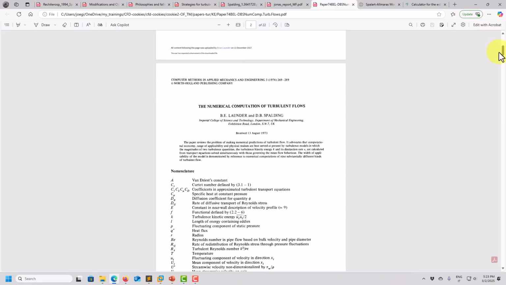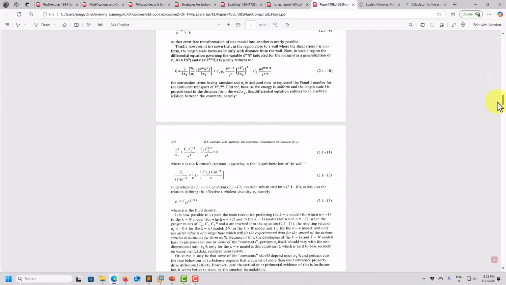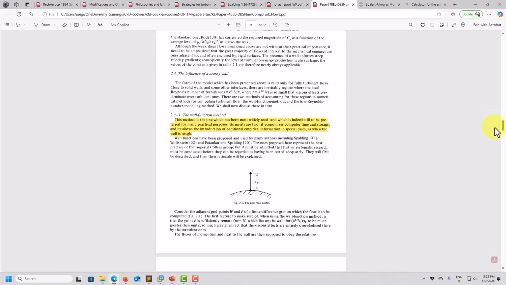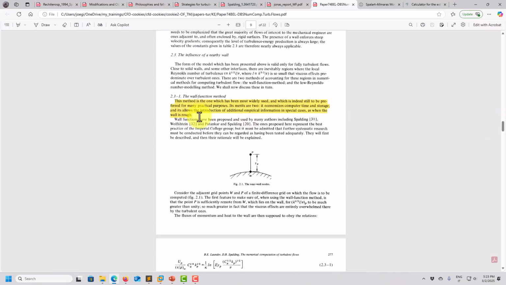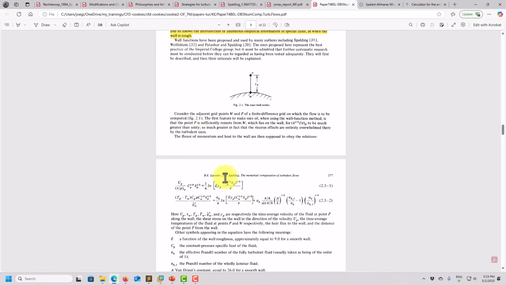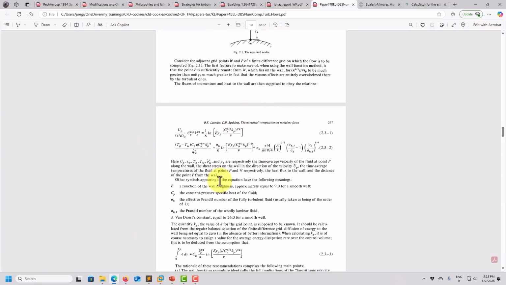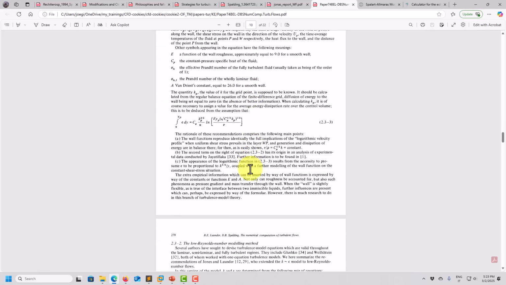The computers were not so powerful, so this treatment was a requirement because doing DNS was out of the question. Here they do the mathematics and the explanation, and arrive at this equation, U star, U plus, and Y star.